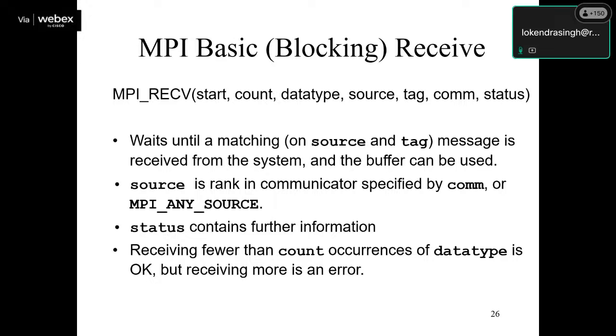Here, source is the rank in the communicator specified by comm. Source means from which source the message is coming. Status contains further information. Receiving fewer than count occurrences of the data type is okay, but receiving more is an error.